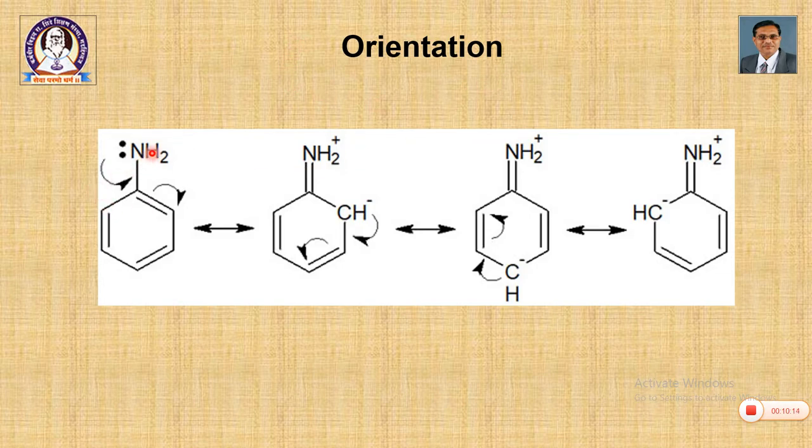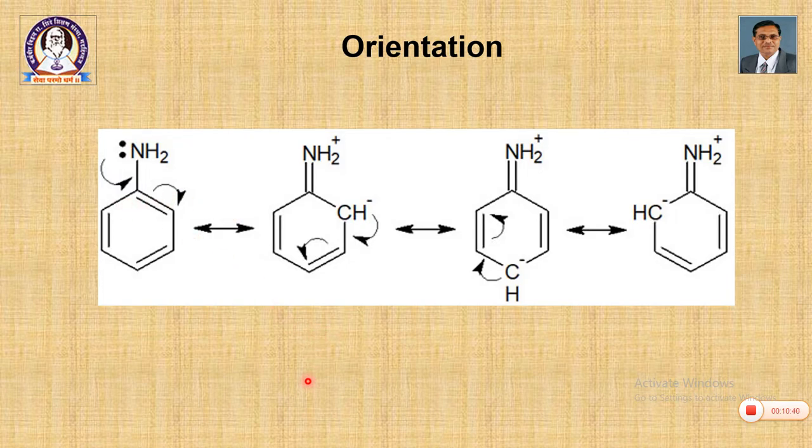So, this is your NH2 group, it has a lone pair of electrons. The lone pair of electrons is shifted and after shifting we get resonating structures, and in these resonating structures we will find that the ortho carbon has a negative charge, the para carbon has a negative charge, the second ortho carbon has a negative charge, and finally one more structure, the last structure, will be like this again.